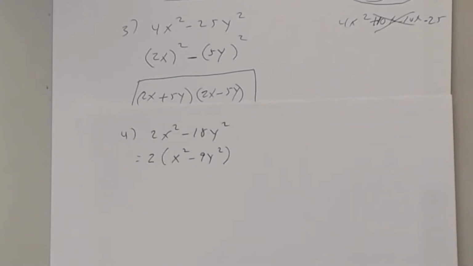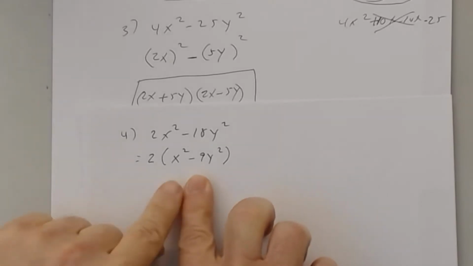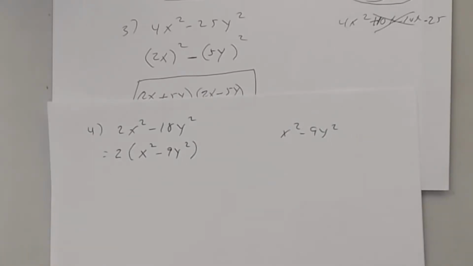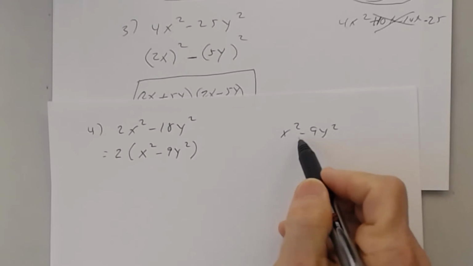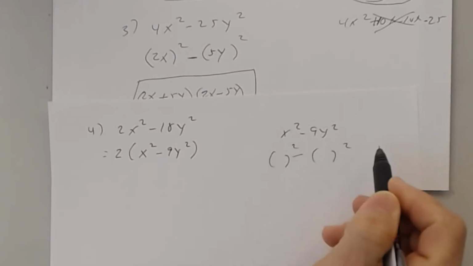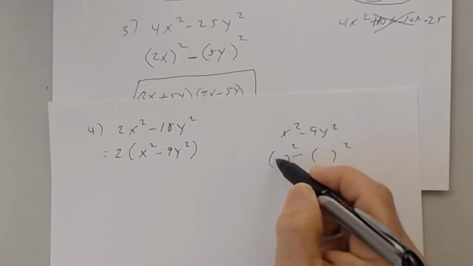Now think about what we've been doing the last 2 weeks with factoring. Am I done? No. Remember, for the worksheet that was due today, if you can factor out the GCF, you have to look and see if you can factor what's inside the parentheses still. So if I rewrite x squared minus 9y squared, is this the difference of two squares? Yes, because I can write this as something times itself minus something times itself. What goes inside this parentheses?